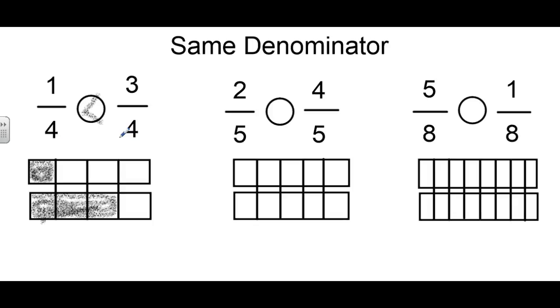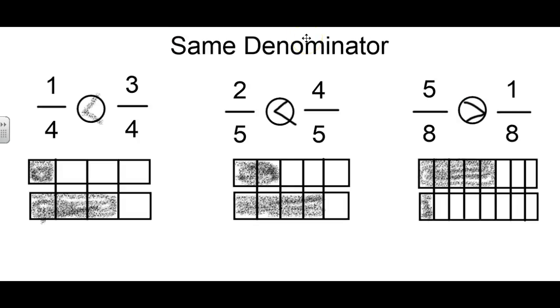So this is kind of like the complete opposite, so make sure you're not getting those confused. So what I want you to do is 2/5 and 4/5 and 5/8 and 1/8, shade them in, see which one is bigger, and compare the fractions by making the correct symbol in the circle. So go ahead and do these two, and whenever you're done, you can push play.